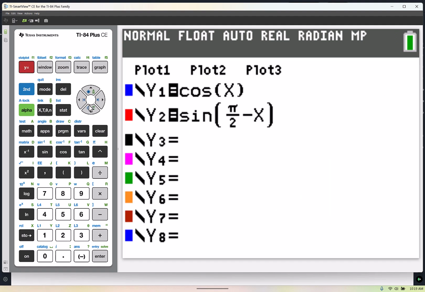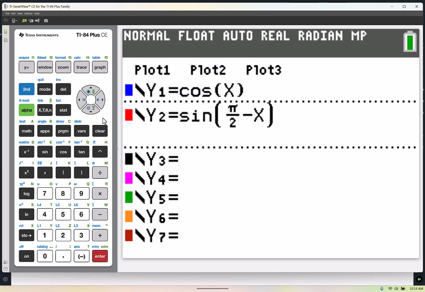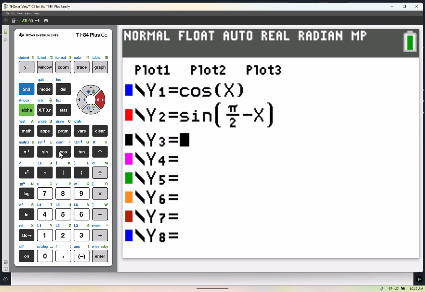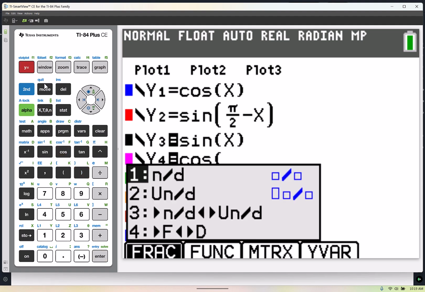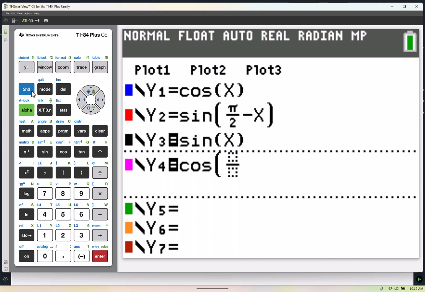Check it out. If I turn off Y1 and Y2, how do you turn it off? You go to the equal sign, you just push enter. And I go to Y3, I'm going to put sine x. And I'm going to go to Y4, I'm going to put cosine of, pi over 2, minus x.